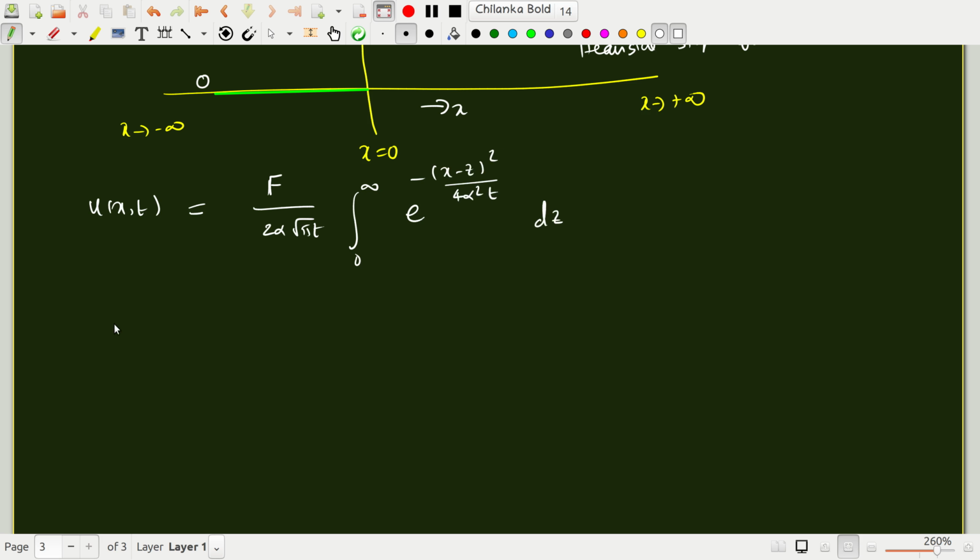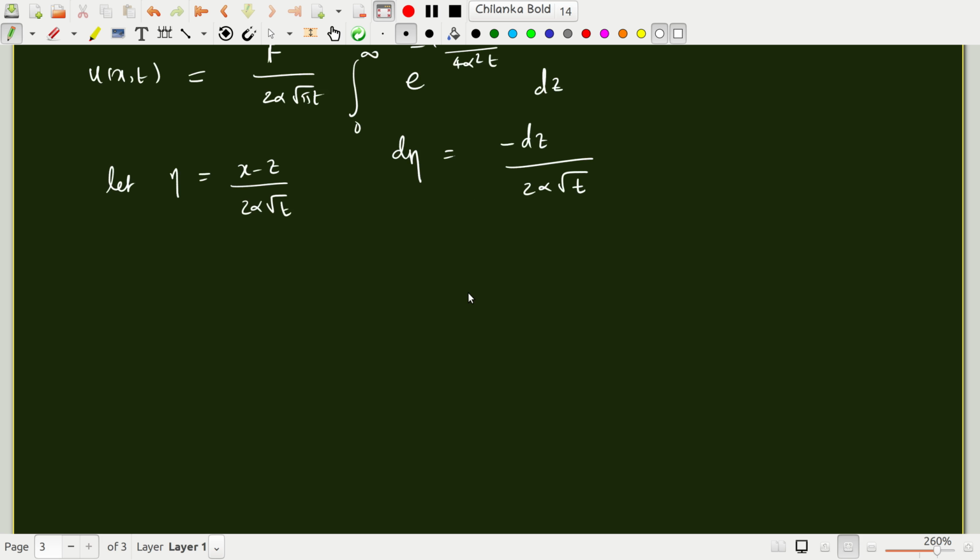Now we have to integrate this. So to integrate this, let's change variable. Let eta be (x minus z) by 2 alpha root t, then d eta is minus dz by 2 alpha root t. So u of x,t is nothing but, now this minus sign will come out, minus F by 2 alpha root pi t.